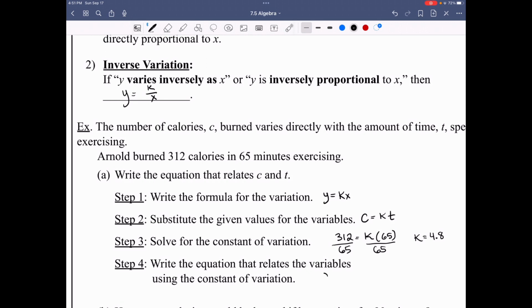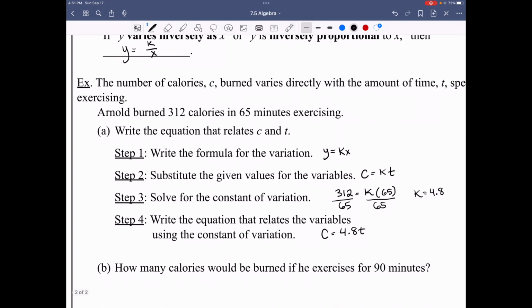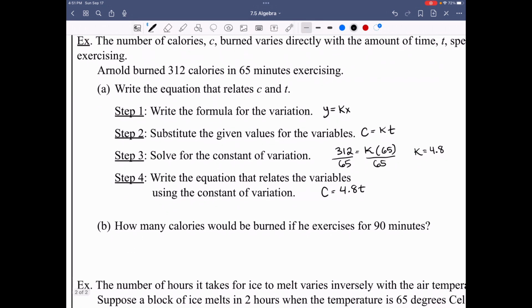So we go back and we use C equals 4.8 T. Now in your groups, I want you to figure out part B. How many calories would be burned if he exercises for 90 minutes? Okay, so in your groups, you should have gotten C equals 4.8 times 90, which if you use a calculator or you did it by hand, it's 432 calories.